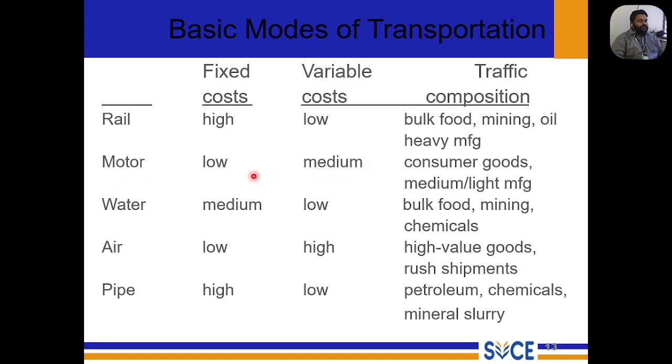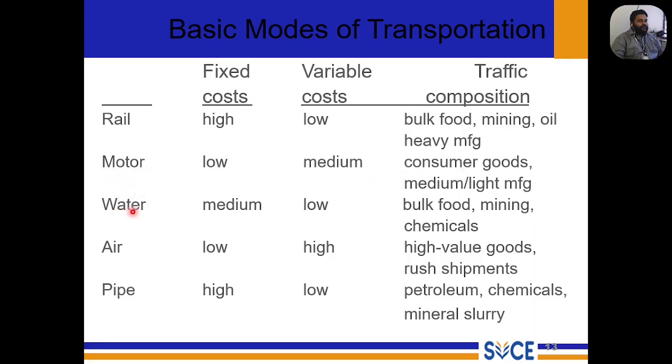Motor carrier is one of the basic modes of transport used by many customers. Usually consumer goods, medium or light manufacturing, and bulk food, such as vegetables from farmers and other consumable foods, are mostly transported by motorways.